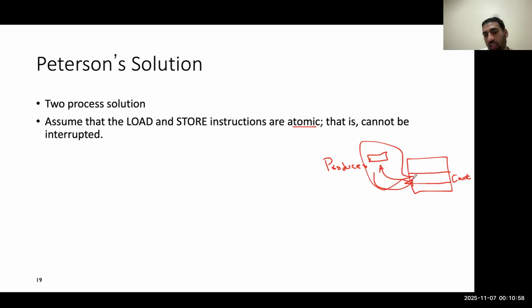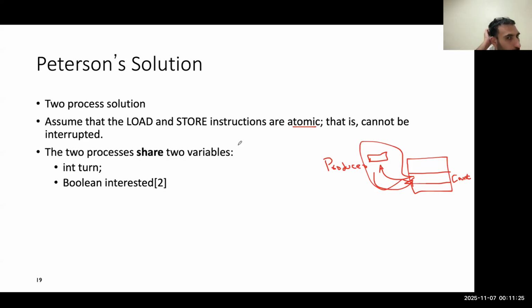After that, yes, the scheduler may kick it out, depending on the scheduling algorithm. Similarly, if the producer has issued the instruction for storing, it cannot be kicked out before the completion of the store instruction. It can possibly be kicked out only after the store completes. That is what we mean by being atomic.